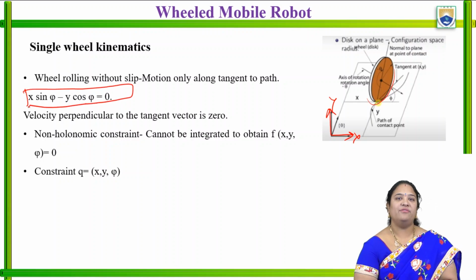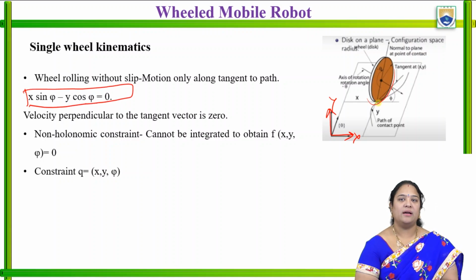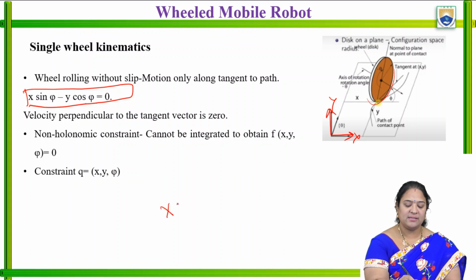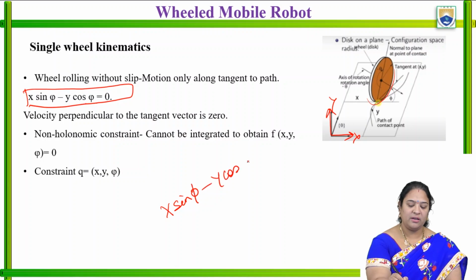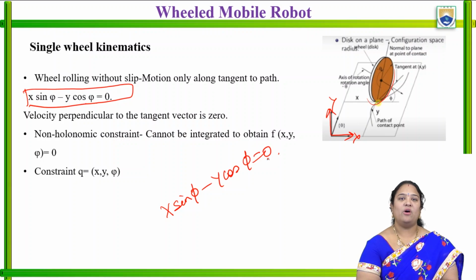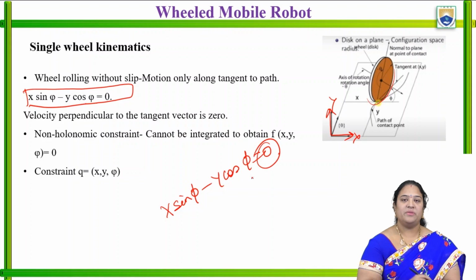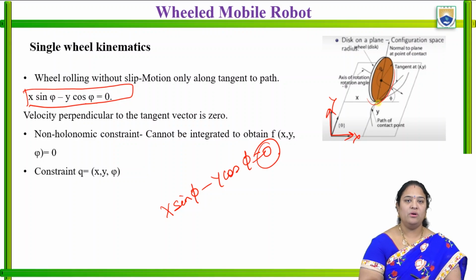Right, that is when the wheel starts slipping against the tangent to the path, it is given as x sin phi minus y cos phi equal to 0. That is, the velocity perpendicular to the tangent vector will be 0.